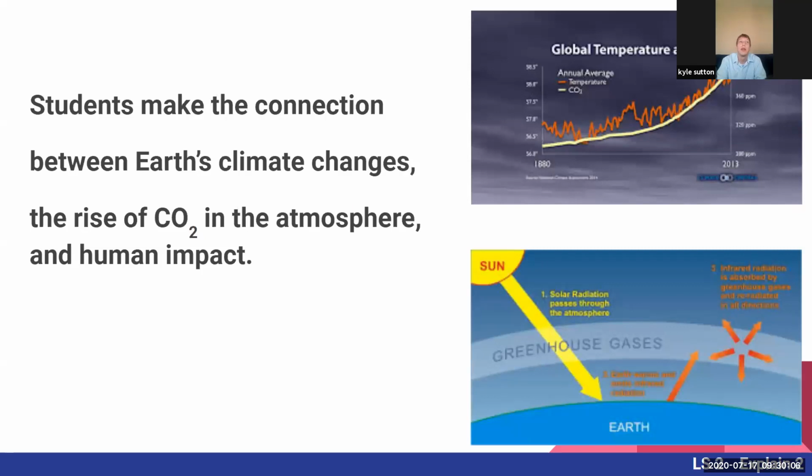So students are going to make the connection here between Earth's climate changes and the rise in CO2 in the atmosphere, and then make the connection of, okay, where is this CO2 coming from? And then how is human impact driving that CO2 gain?